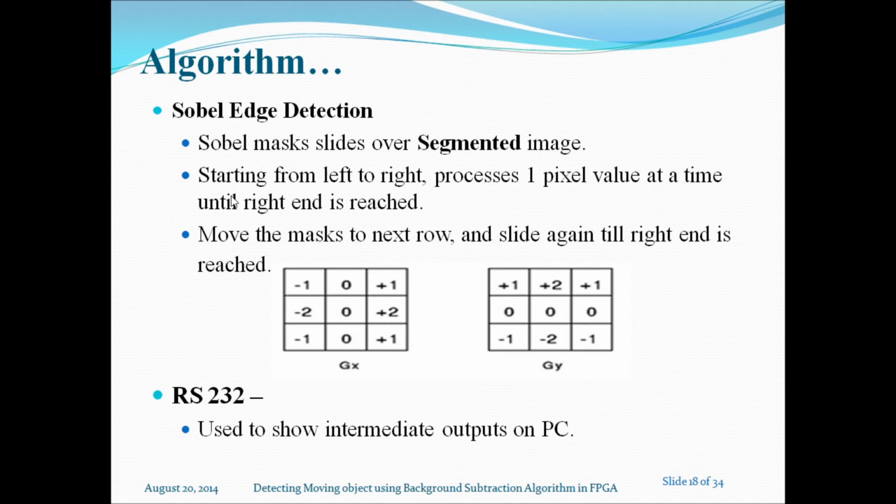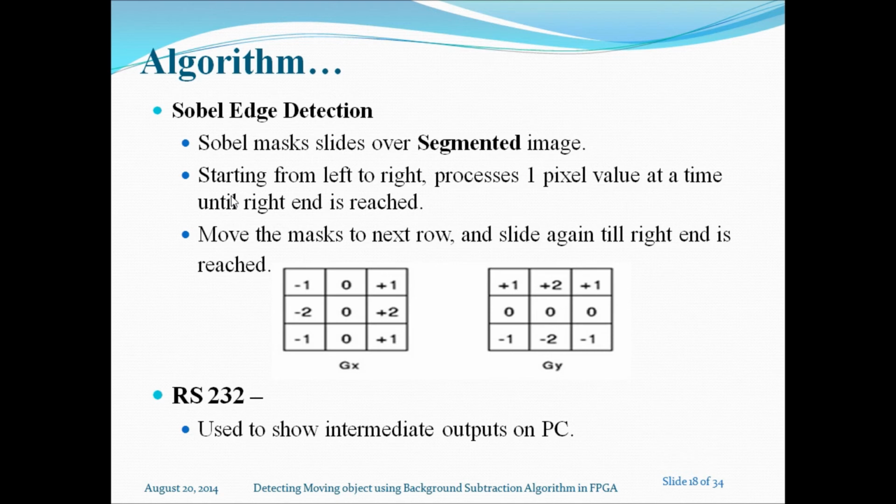Sobel masks are slid in the same fashion as the structuring element of the erosion operation. We slide the Sobel mask from left to right, processing one pixel at a time. This operation continues till the row end is reached. The mask is then applied to the next row until all rows are scanned. Here as output we get an image containing the object shape.